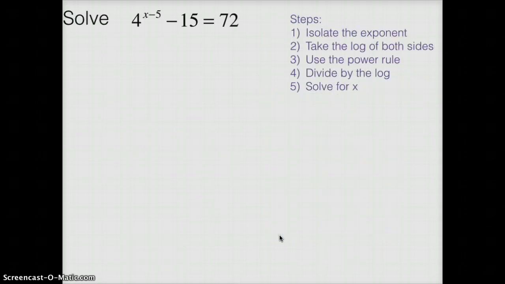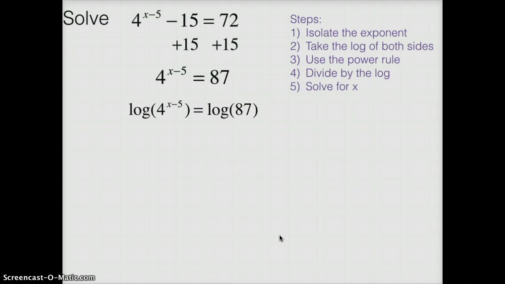Here's one that's a little bit more complicated, a little bit more involved. The first step is a little different. We need to isolate the exponent by adding 15 to both sides. We get 4 raised to the x minus 5 equals 87. Then we're going to use the procedure we saw before. Take the log of both sides. X minus 5, since it's the exponent, gets brought to the front.